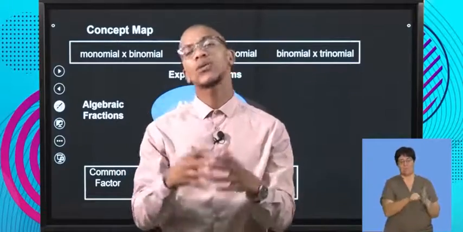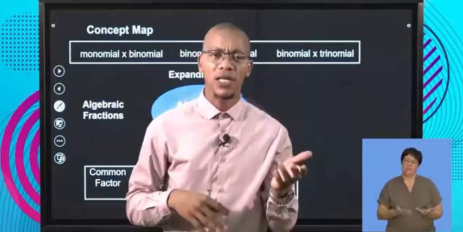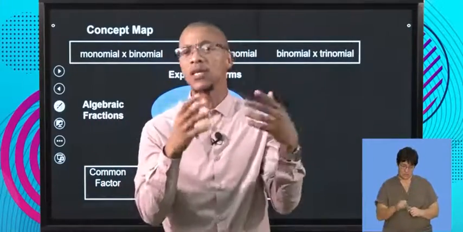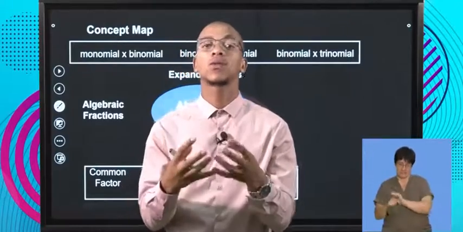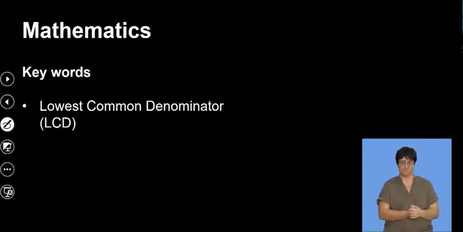So now we're going to look at some fractions. With the fractions, it will be adding fractions and dividing and multiplying fractions. Remember, the opposite of adding is subtracting, right? But let's look at some key words that we need to look at before doing some fractions. So firstly, we have what you call the lowest common denominator.